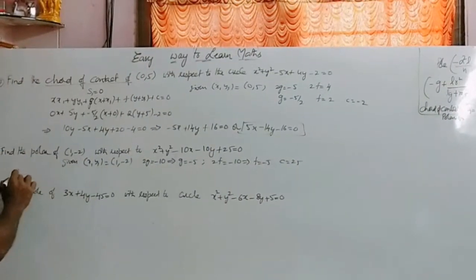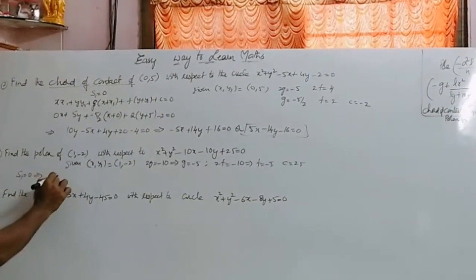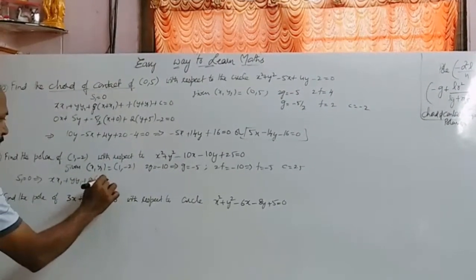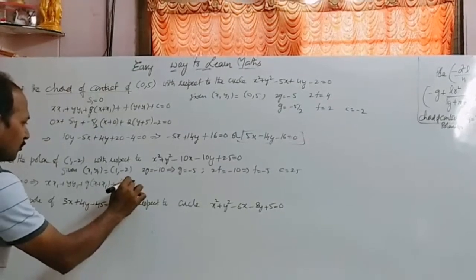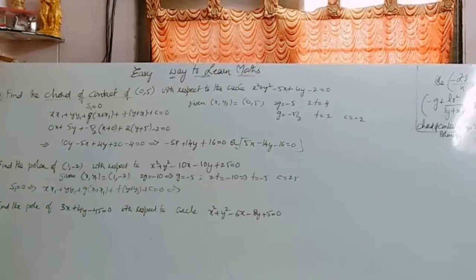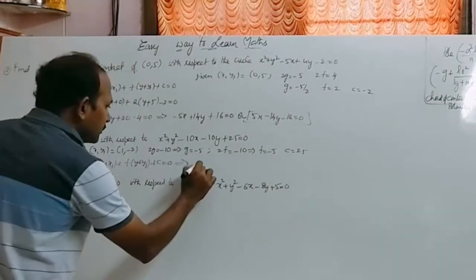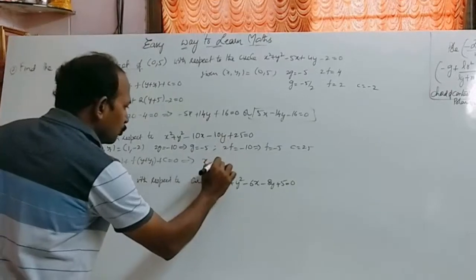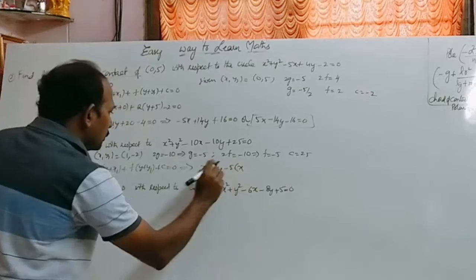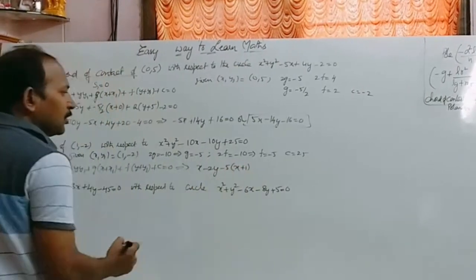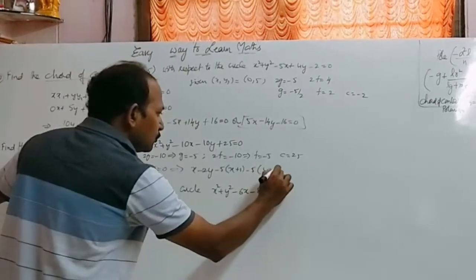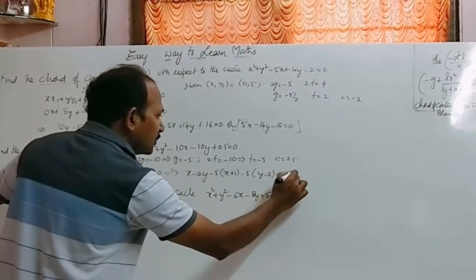Again S1 is equal to 0 implies x x1 plus y y1 plus g into x plus x1 plus f into y plus y1 plus c is equal to 0. That implies, x1 means 1x, x minus 2y, g into, therefore minus 5 into x plus 1, f into, again minus 5 into y minus 2, plus c is plus 25 is equal to 0.